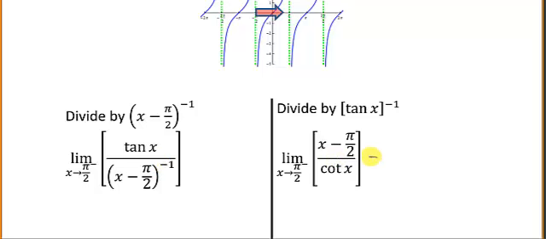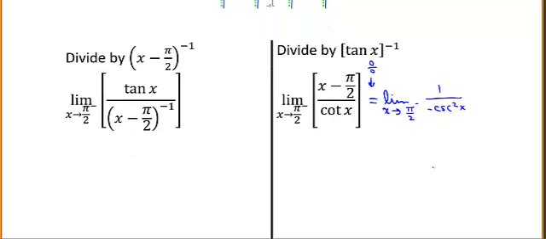So if I apply L'Hopital's rule, remember this is going to 0 over 0 now. All right, I'd get the limit as x approaches pi over 2 from the left of 1 over negative cosecant squared of x.